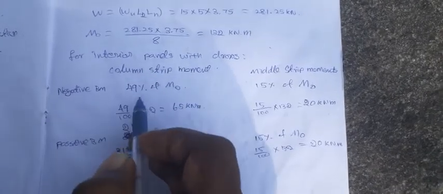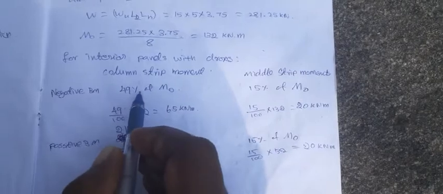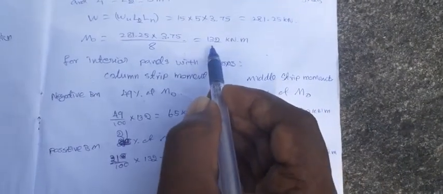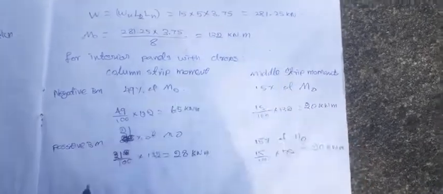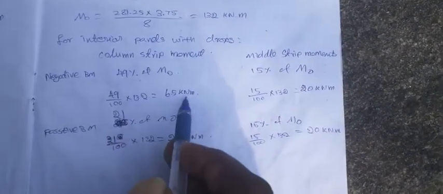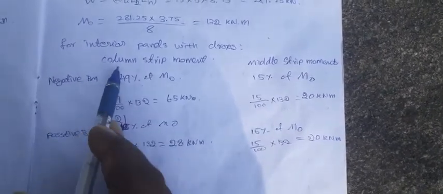Its negative bending moment is 49% of the actual moment, so we provide 49% of M naught. M naught is 132, which we already found. So 49 by 100 into 132 is 65 kilonewton meter. This 65 kilonewton meter is the negative moment for the column strip.